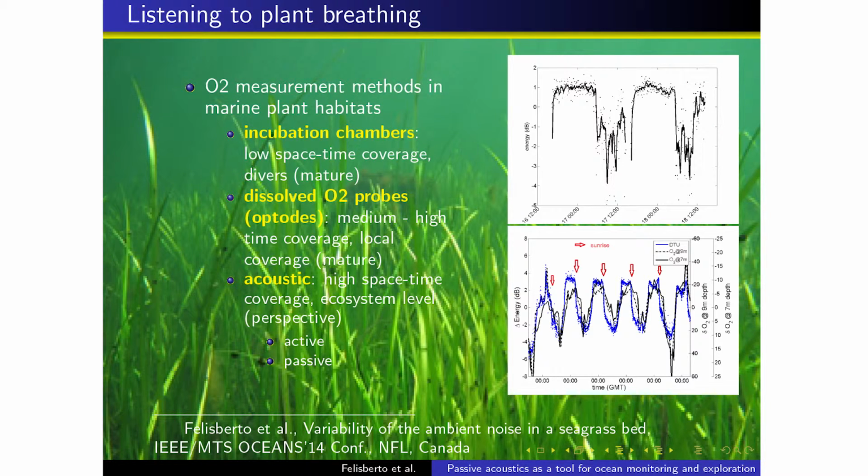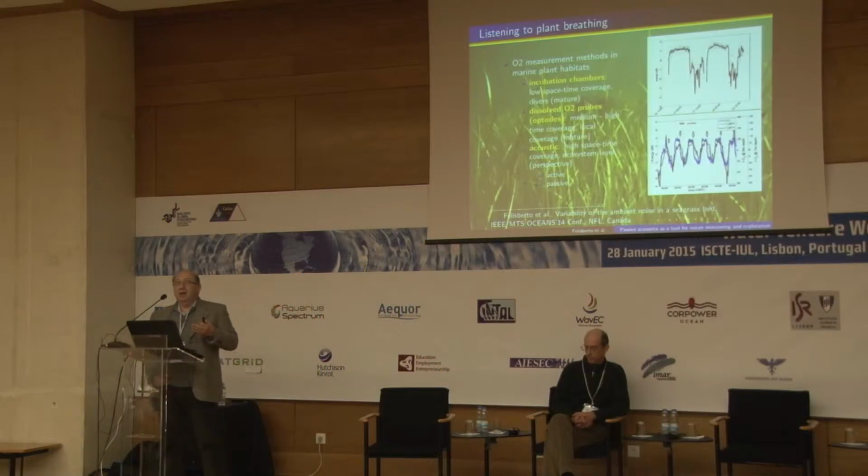Because they are forming bubbles, and the bubbles attenuate the acoustic signal. This is very interesting because bubbles are difficult to measure in the field using traditional methods, like, for instance, optodes.